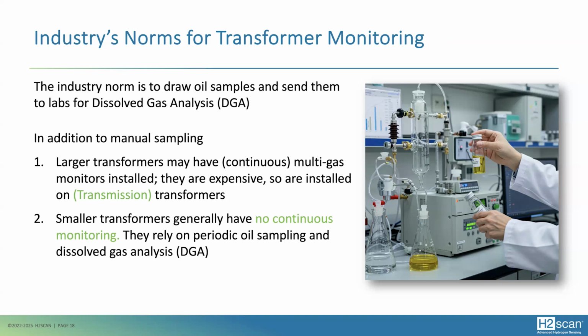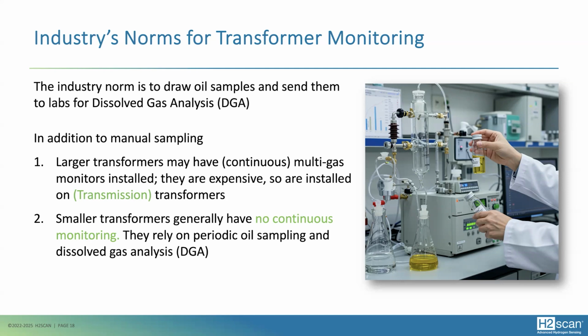So they really are installed, and I use the word transmission transformers. That could come to sub-transmission. Every utility will have different criteria, but they are not installed as widely as an asset owner would like, or as a manufacturer of multi-gas monitors would like. Smaller transformers, the orphans in the family, they generally don't have continuous monitoring.